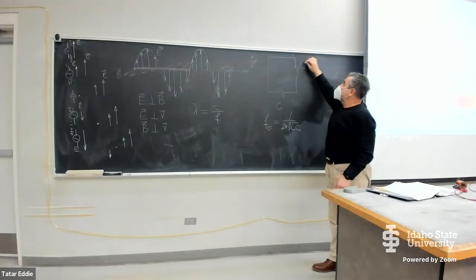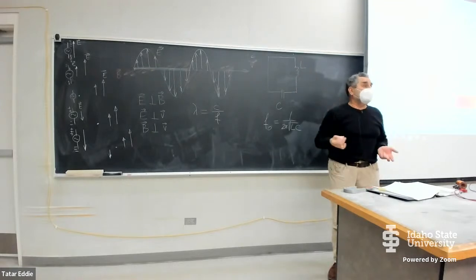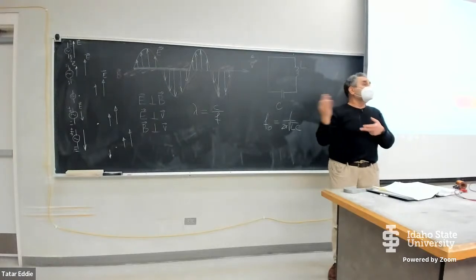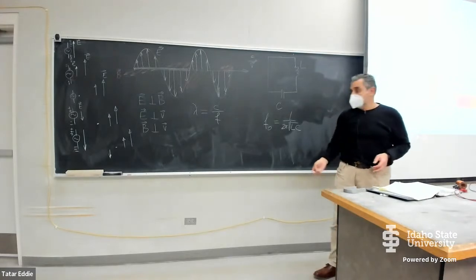You can take the signal from this loop, amplify it, decode it, and the result is going to be some radio station or picture TV signal. So we're going to continue with this on Friday.